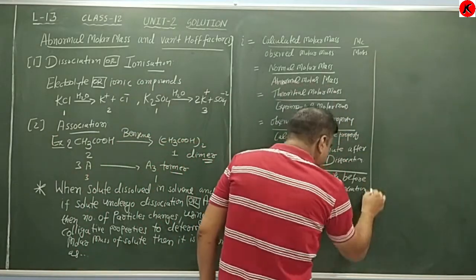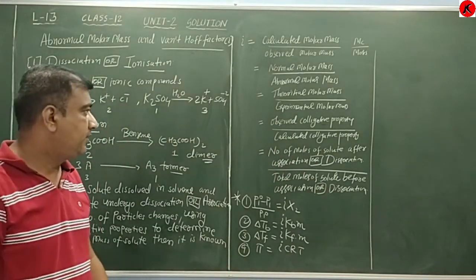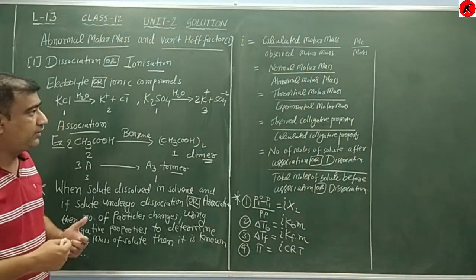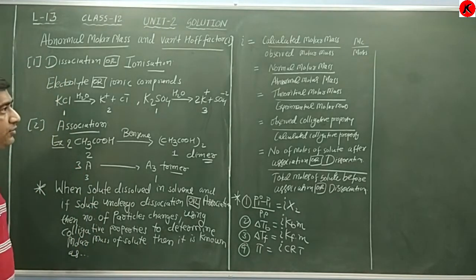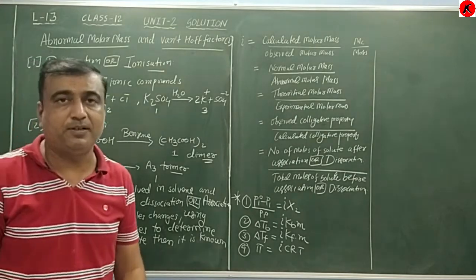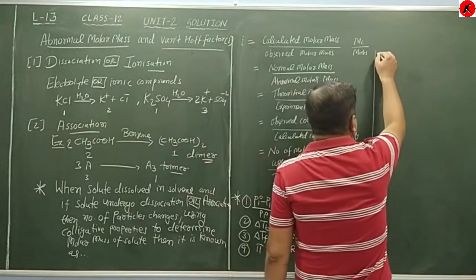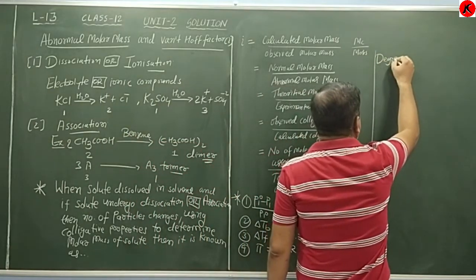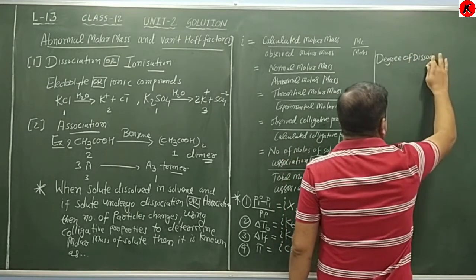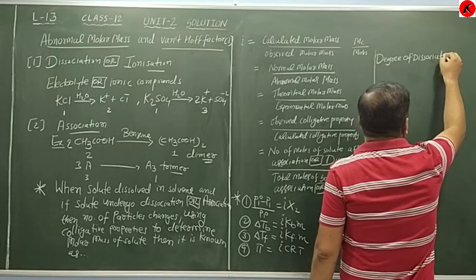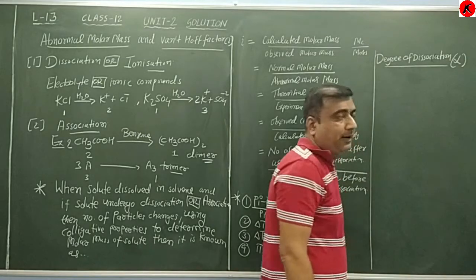Now, when a solute undergoes association or dissociation, it is not possible that every time 100% association or dissociation occurs. In this situation, we have to calculate the degree of dissociation and the degree of association. Degree of dissociation, we say alpha.